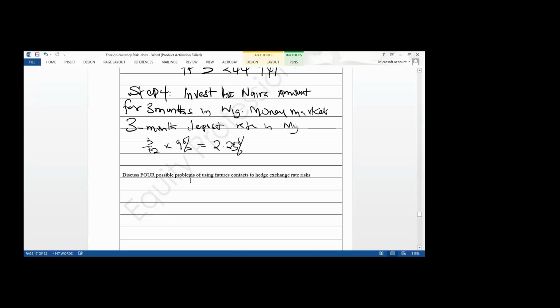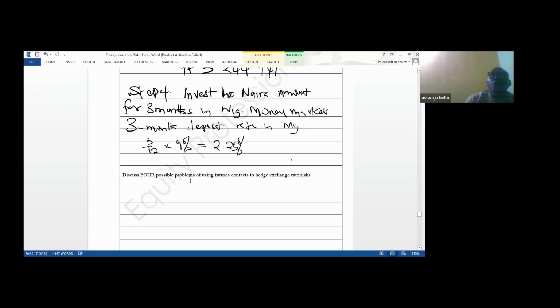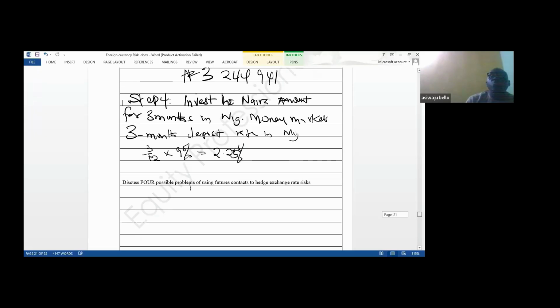So we are going to invest 3,244,941 for 3 months.